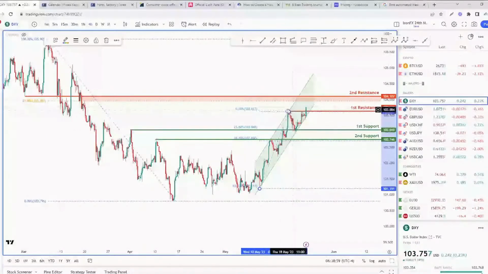If you had seen that price reacted off the first resistance here at 103.60 and started pulling back, and you thought this is a potential for a short, then you would have identified this first support level as a potential take profit, and the stop loss level would potentially have been somewhere close to the first resistance or just slightly above it.